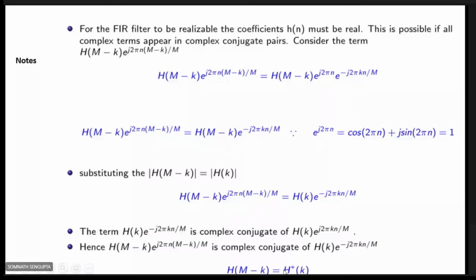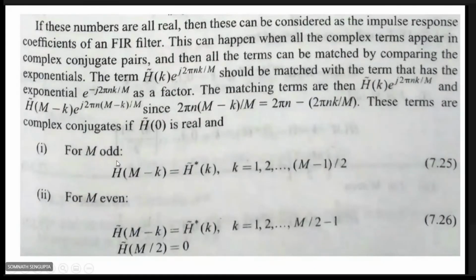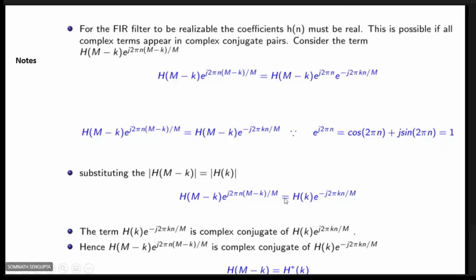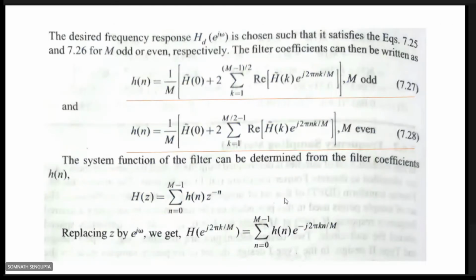It tells us that h m minus k should be the complex conjugate of hk. So this concept is used, and for the two cases, m odd or m even, this is implied. Finally, the equations of hn for m odd or m even are given using this formula.